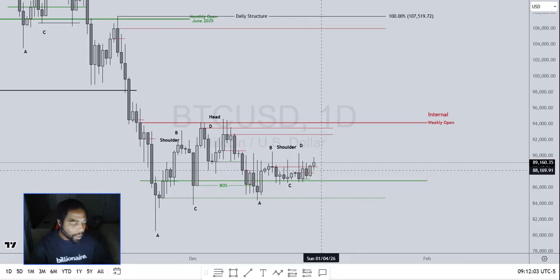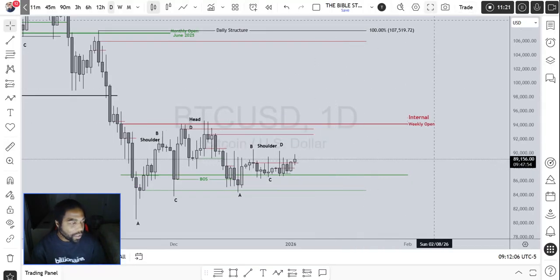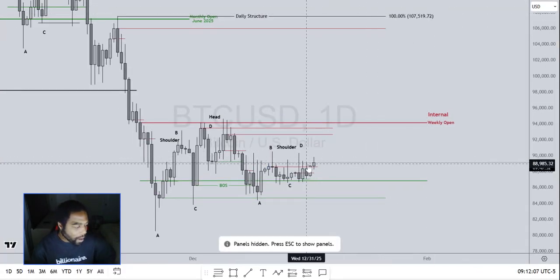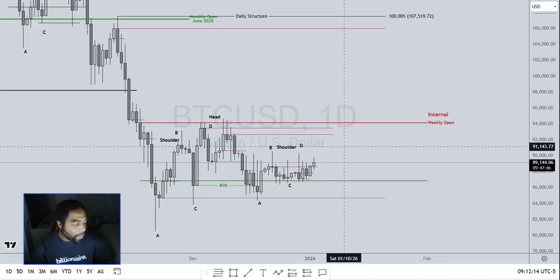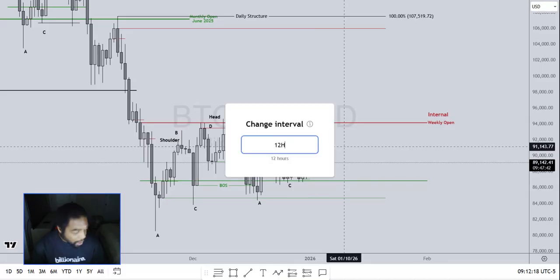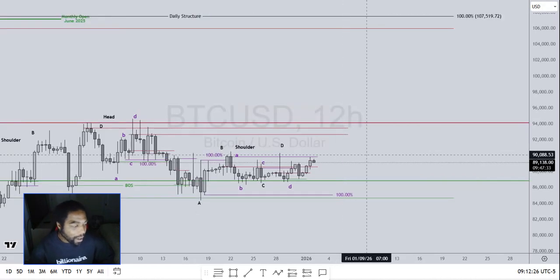So we want to understand and see what price is doing right now in this price action on the daily time frame. With that being said, we scale down to the 12-hour to understand what price is doing structurally on the 12-hour inside of this daily time frame or this daily price action.